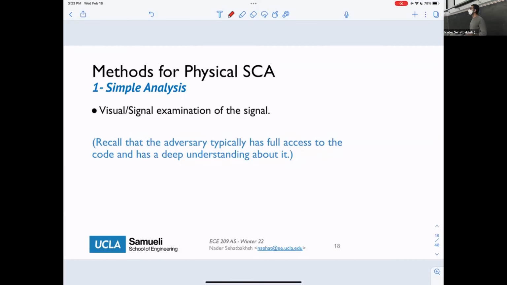Interestingly, from old days, this has been very successful, for example, in display and credit card monitoring during the 80s and 90s. As I said, the assumption here is that the adversary has access not only to the signal, but also to the steps that were used to create that signal.